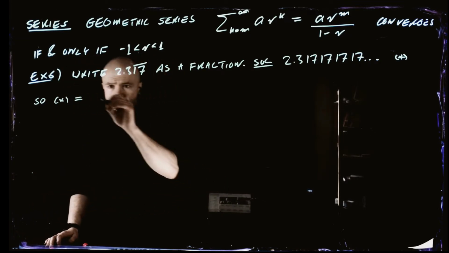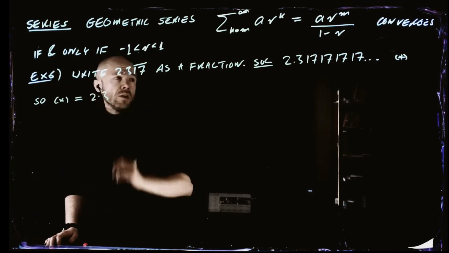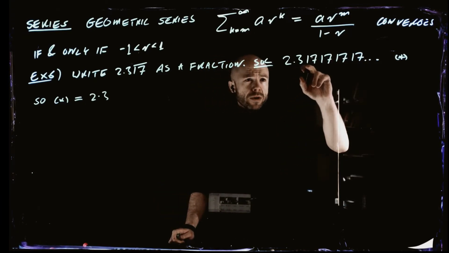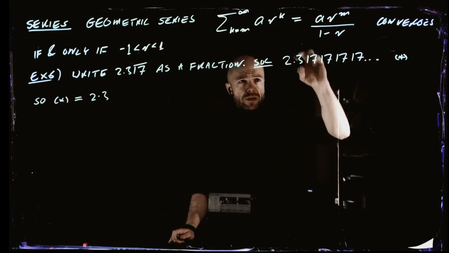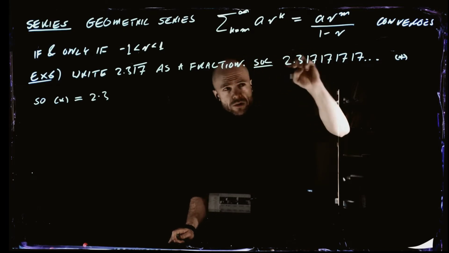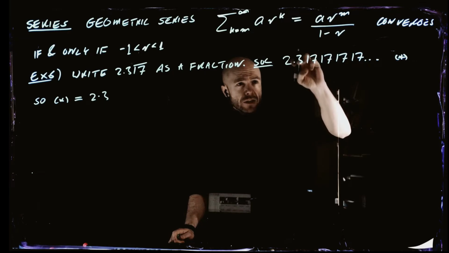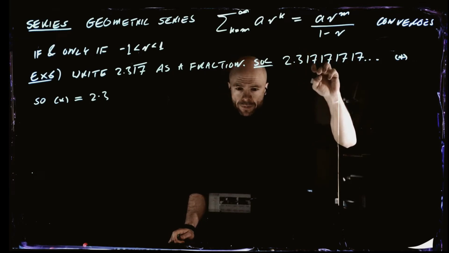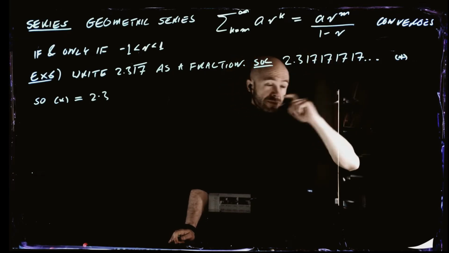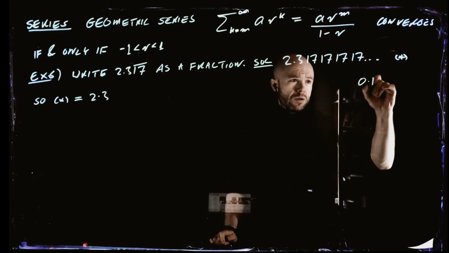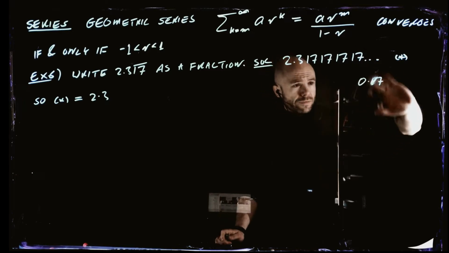It's equal to 2.3. And then let's think about what this is, because if we just take away the 2.3 and then add the next non-trivial thing, it is 0.17, whoops.